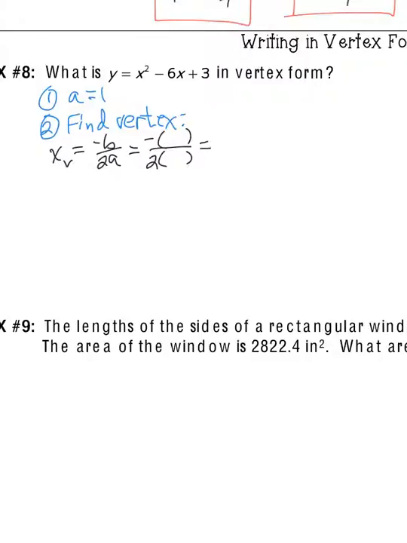So b up above is -6, and a we already stated was 1. So we end up with positive 6 over 2, which is 3.